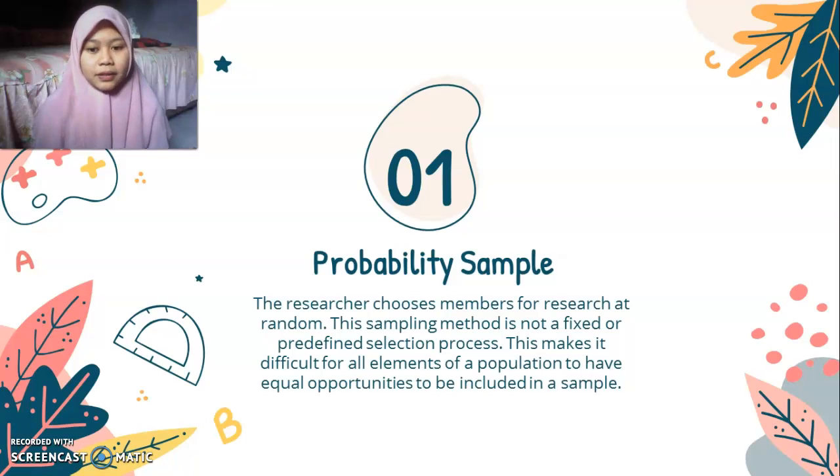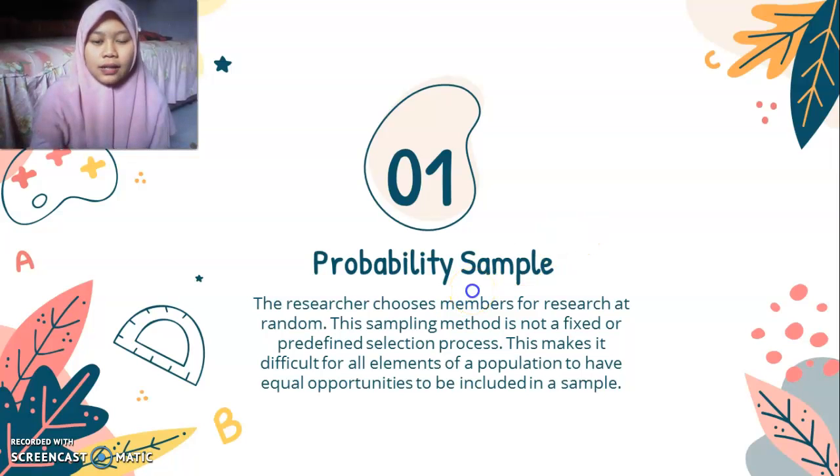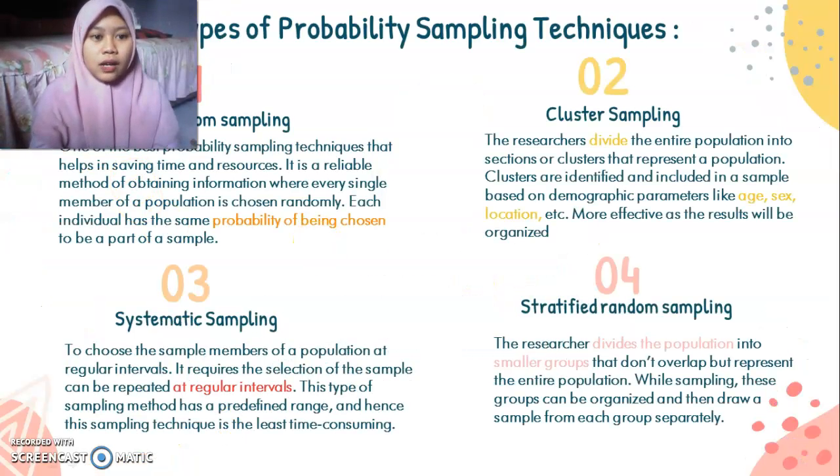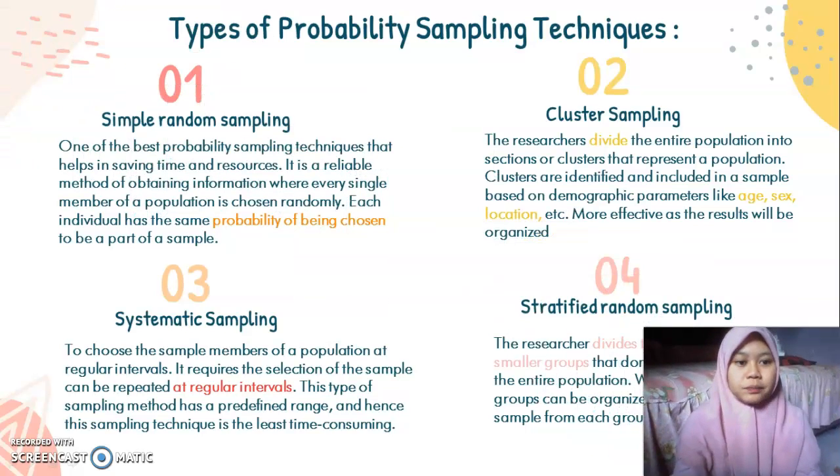This sampling method is not a fixed or predefined selection process. This makes it difficult for all elements of a population to have equal opportunities to be included in a sample.